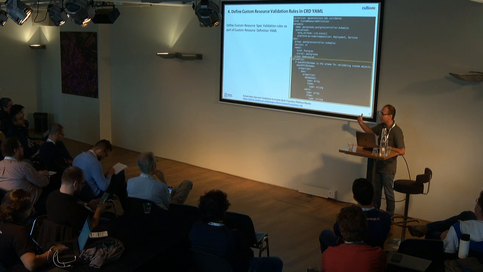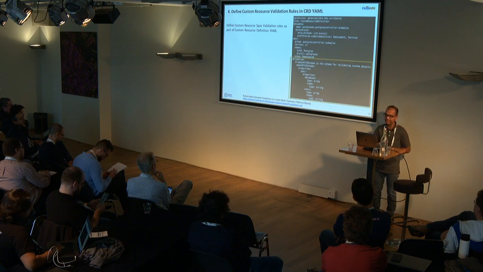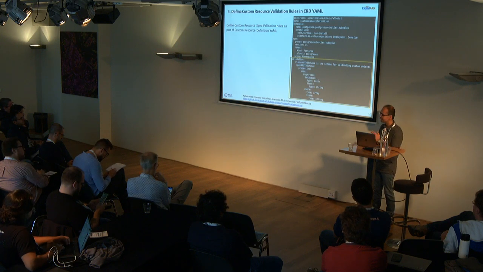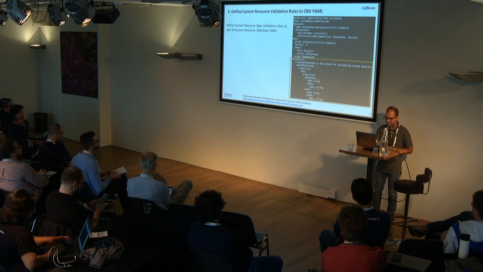If you are an operator developer, you want to think ahead and create these validations ahead of time, include them as part of your CRD definition, and then once you package this as part of your Helm chart, it will make sure that custom resources are created in the way that you want them to be created. So this was the fourth guideline.